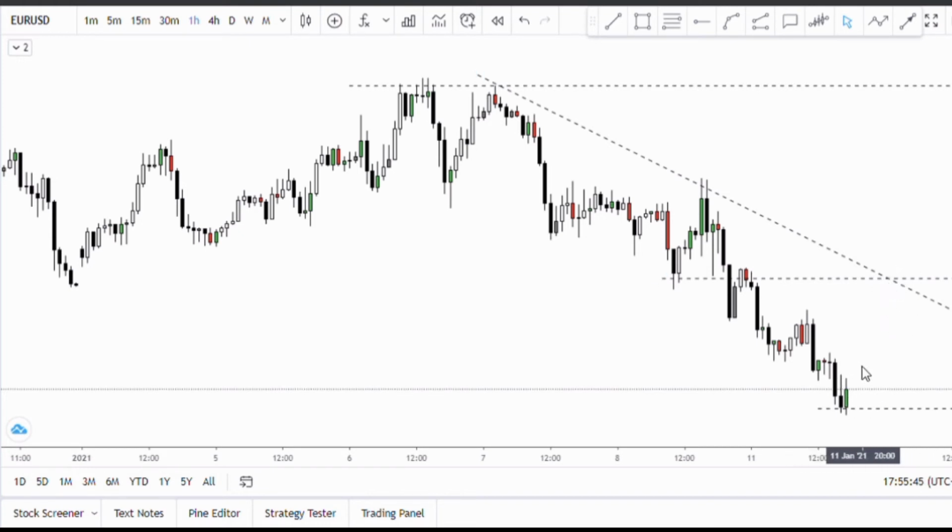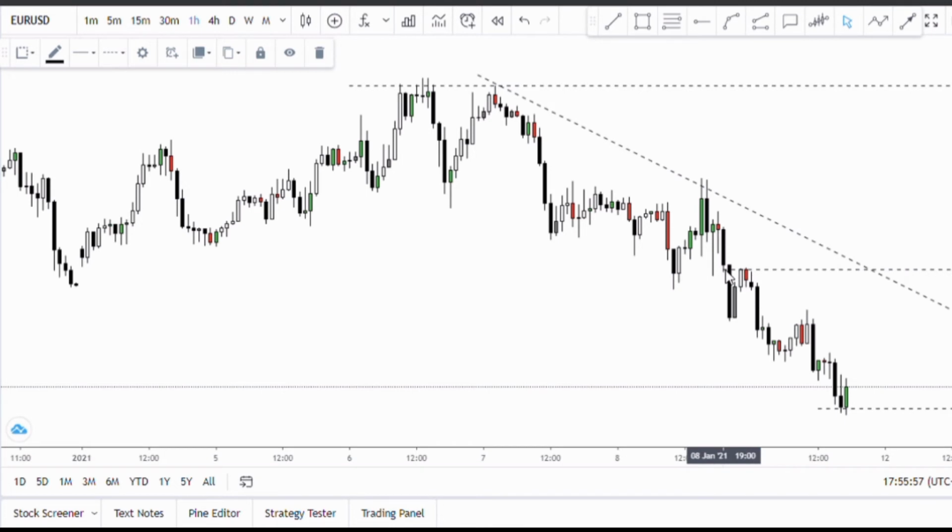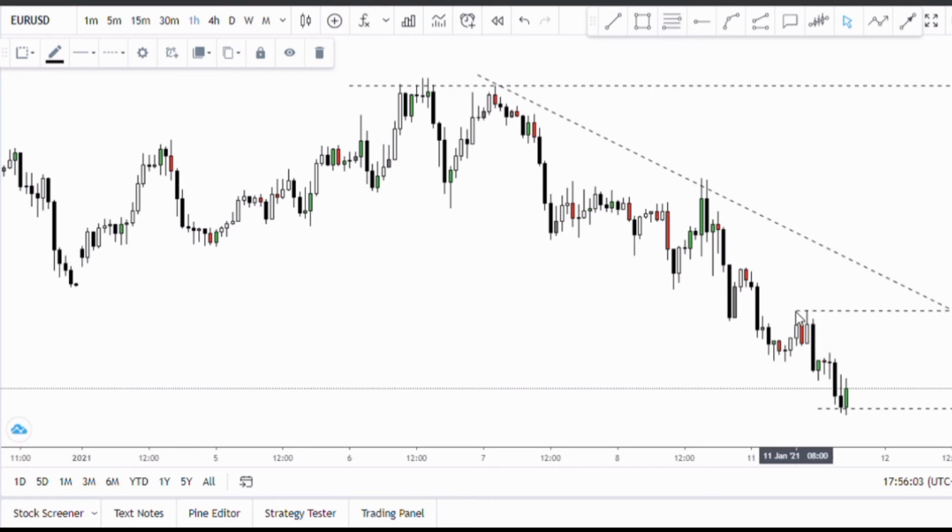So right now, if price doesn't continue going down and it gives us more bullish signs, I would expect price to at least reach around this area, anywhere around this area, to give us correction 4.